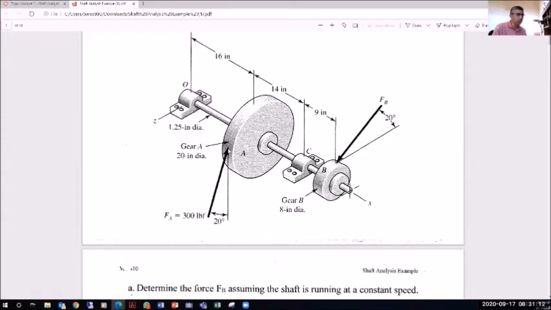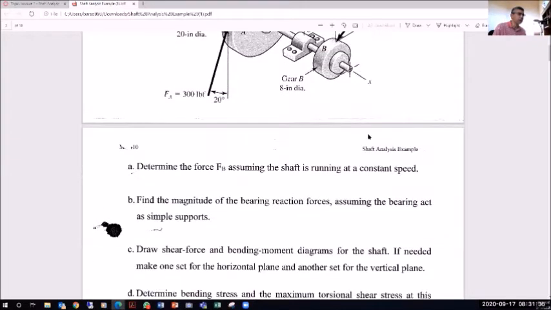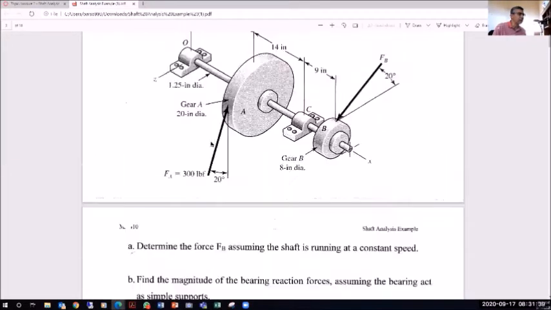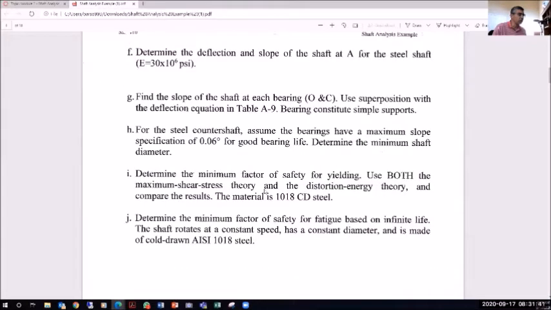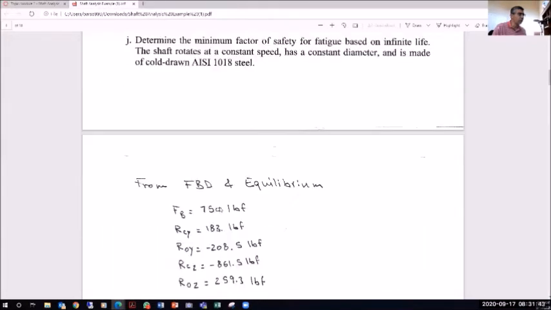If I take this tangential component, multiply it by the radius of the gear here, which will be 10 inches, because the diameter is 20 inches, I should be able to get the torque. This should be equal to FB cosine 20 multiplied by 4 inches. So obviously, FB is a force that has a higher magnitude than the 300-pound force. So that was the first step when we found FB.